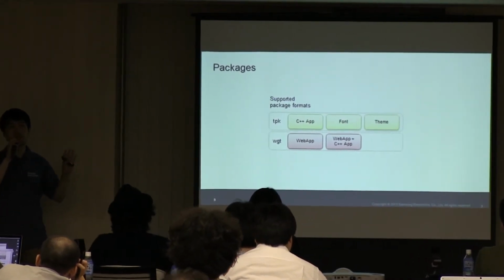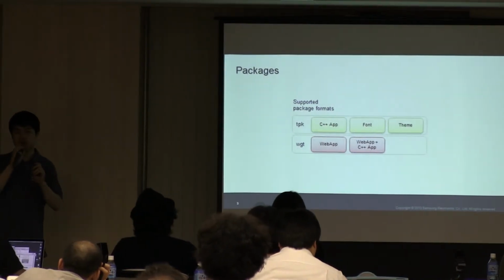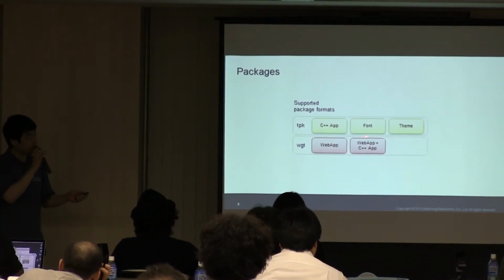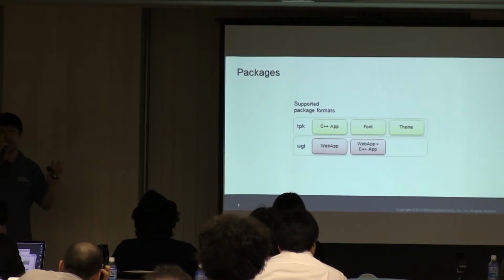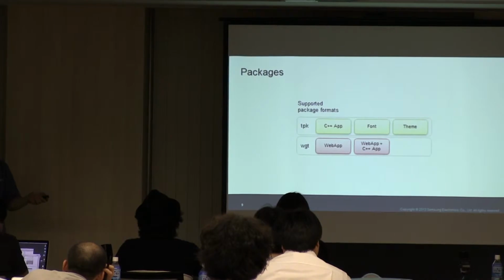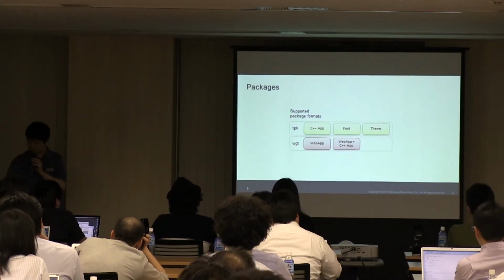We call it a service application, which doesn't have a UI. So you can make one package which actually has two applications, a web app and a native application, that can communicate with each other.